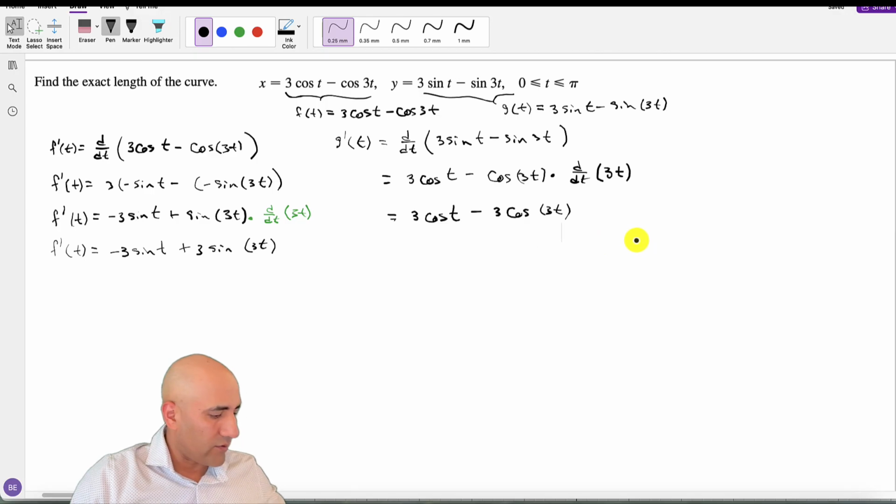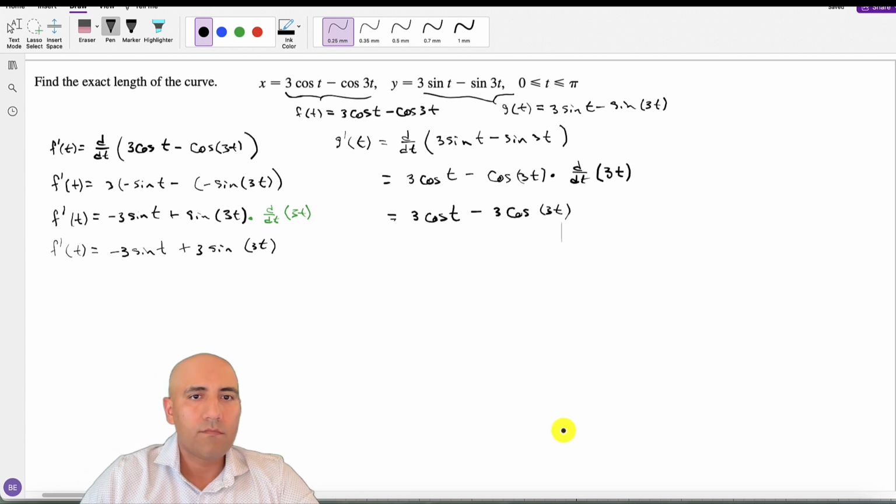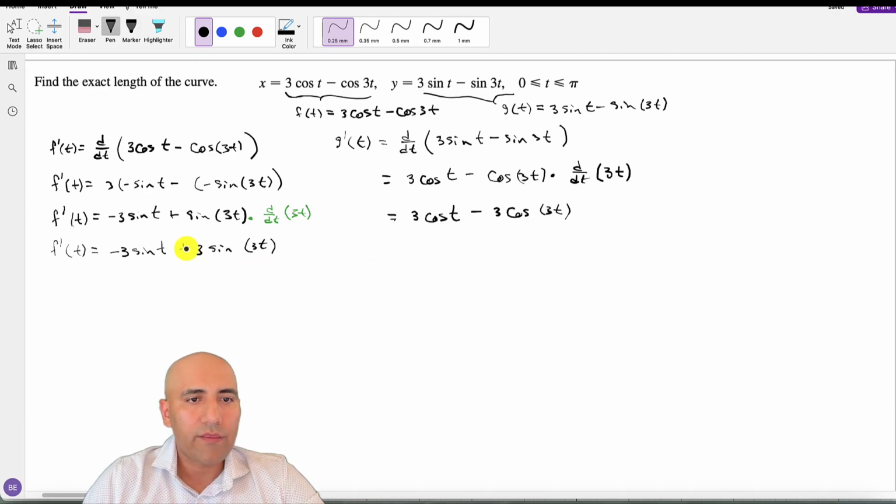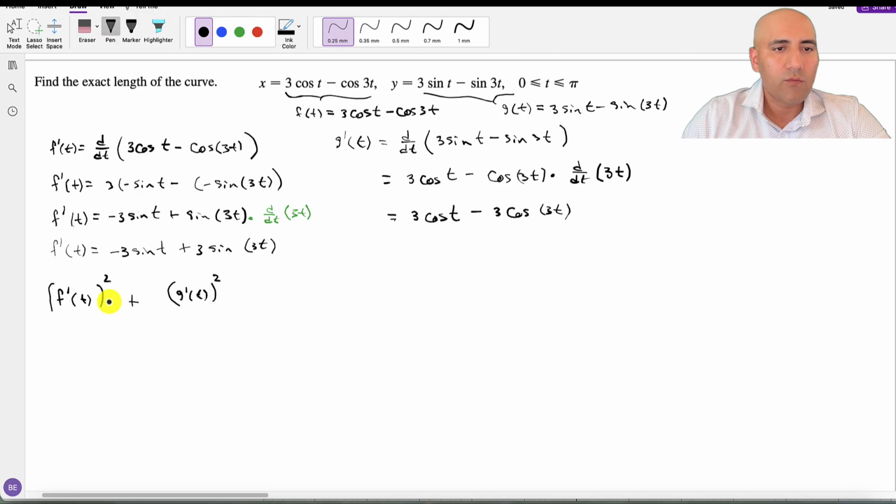So now we're working with this equation. We want to take this thing squared, add it to this thing squared. So we're going to have f prime of t squared plus g prime of t squared. You want to add them together, and then you want to square root the whole thing.